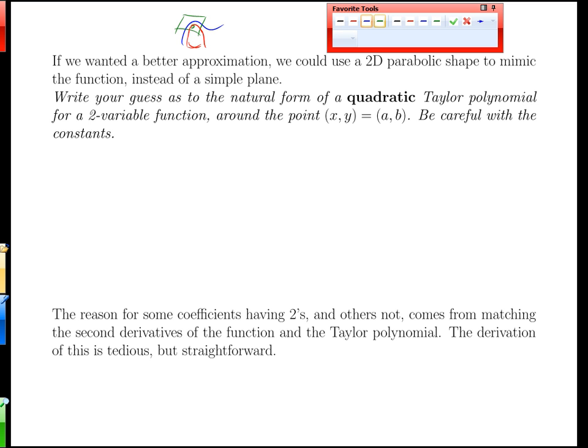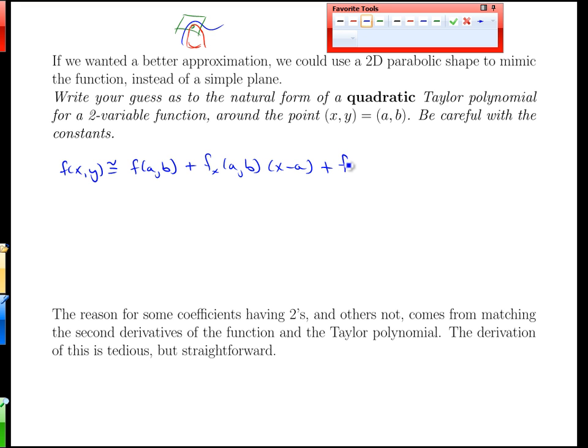So let's see how we might go about doing that. I think the natural approach to this is to generalize from what we saw before and say our function can be approximated by, well, remember how we built quadratics back in the first term. f(a, b). The quadratic approximations we built in the first term were actually just an extension of the linear approximation.